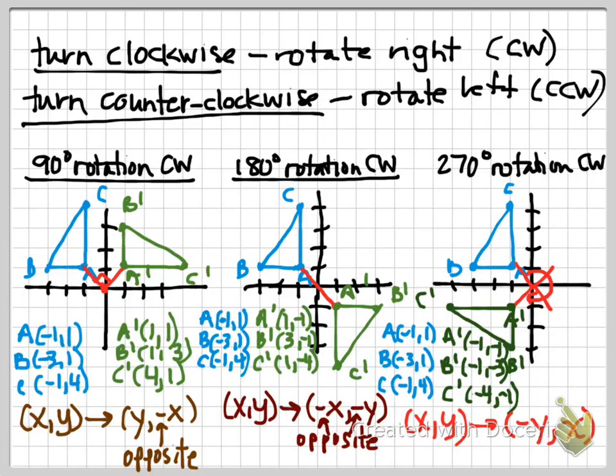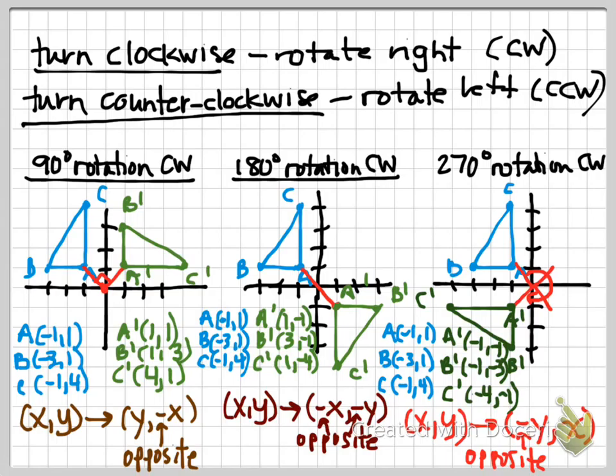So this is hard, okay, because the easiest thing to do is to keep this rule in your mind when you're doing this, because it is hard sometimes to visualize the adjustment. So what I want to do is do one problem. Oh, and by the way, a lot of people don't do 270 degrees rotation clockwise because that's hard to go around and have an angle that's bigger than 180.